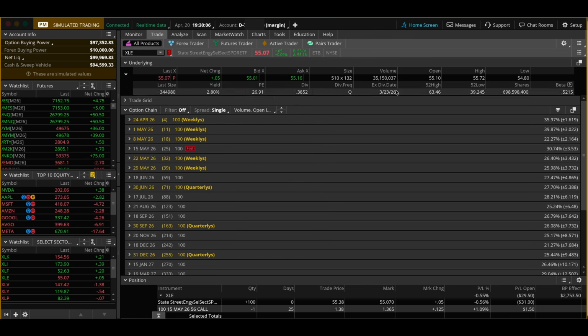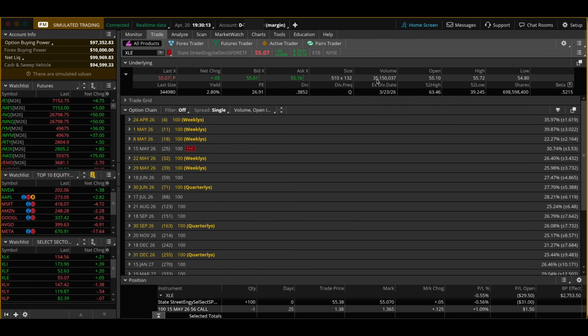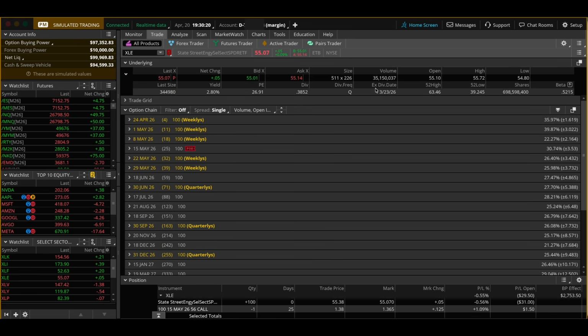So we don't have to worry about this ETF going ex-dividend and the different early assignment risks that can be accompanied with that, assuming we select an expiry that is within the next few months before the next quarterly ex-dividend date.